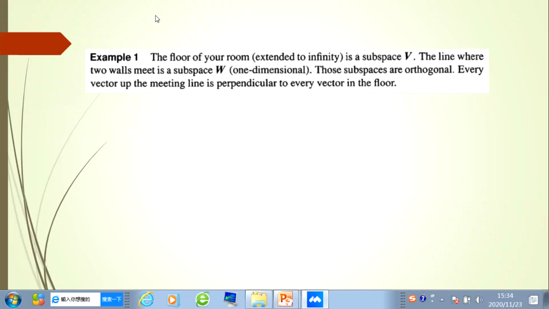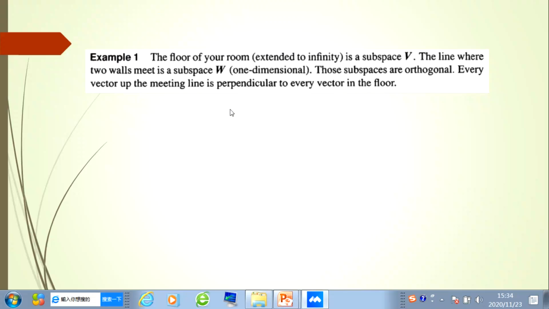And you can check that every vector inside the floor, every vector in this plane, will be perpendicular to the vector up the meeting line, up this vertical line, right? Are you clear?